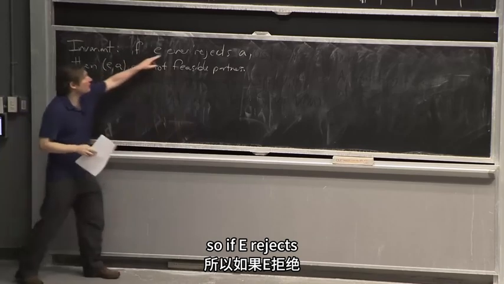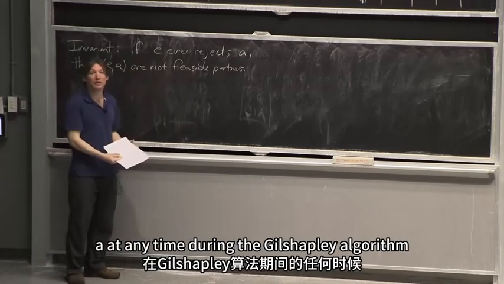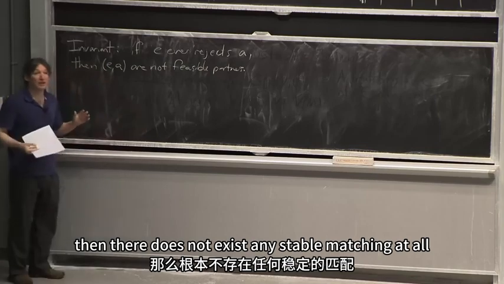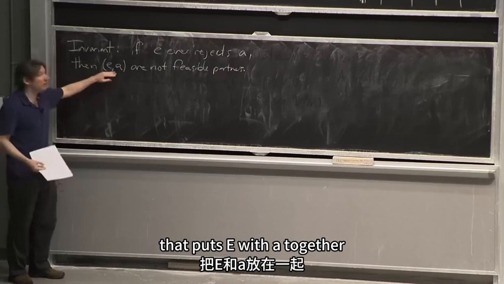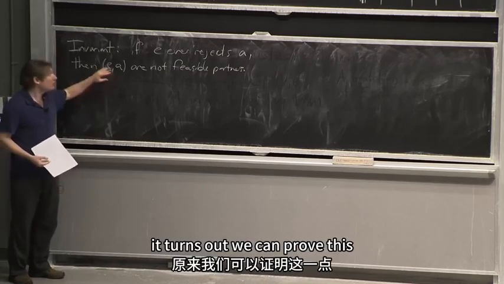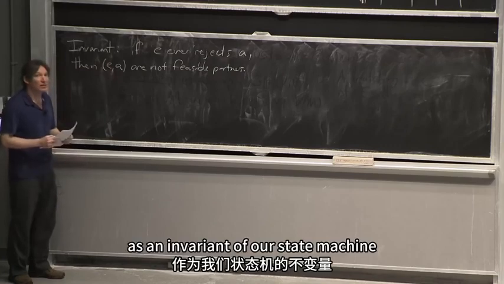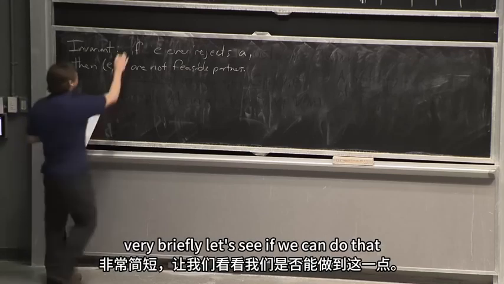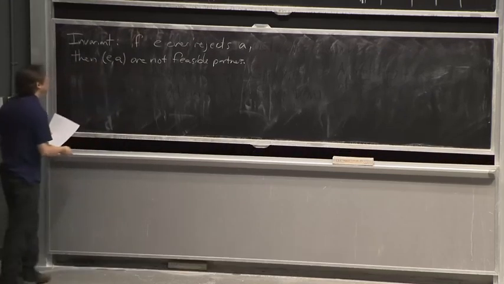So if E rejects A at any time during the Gale Shapley algorithm, then there does not exist any stable matching at all that puts E with A together. Turns out we can prove this as an invariant of our state machine. Very briefly, let's see if we can do that.